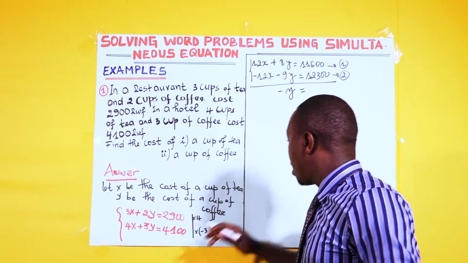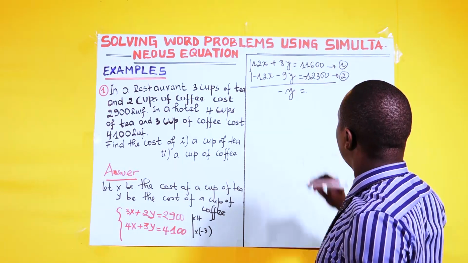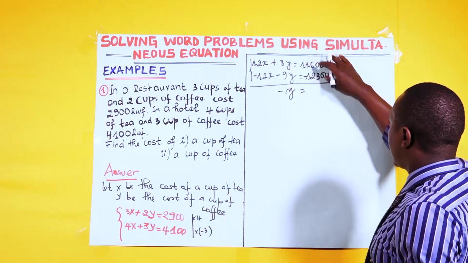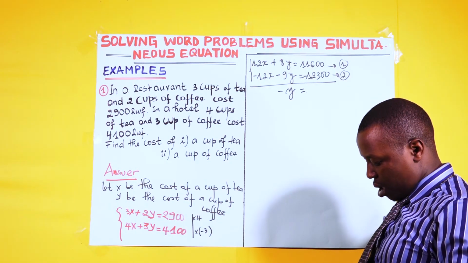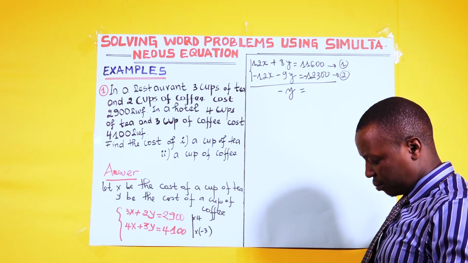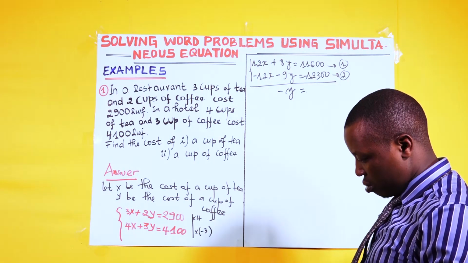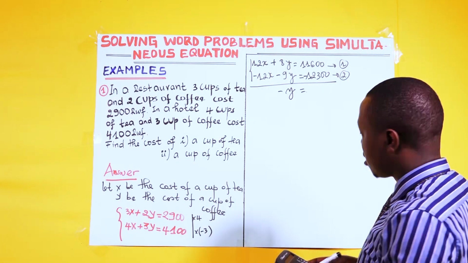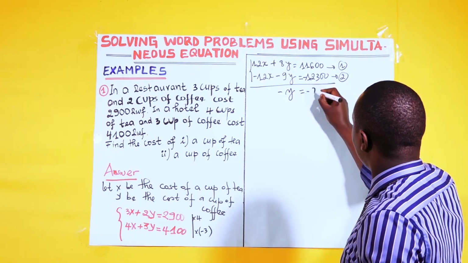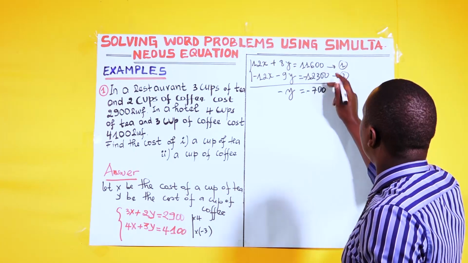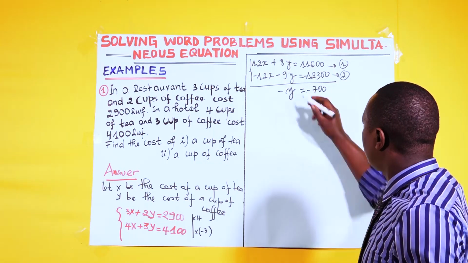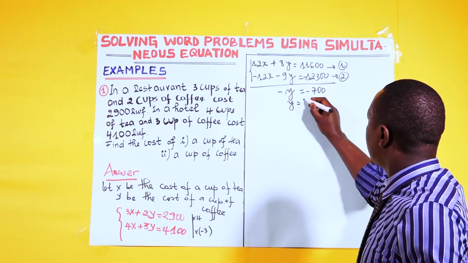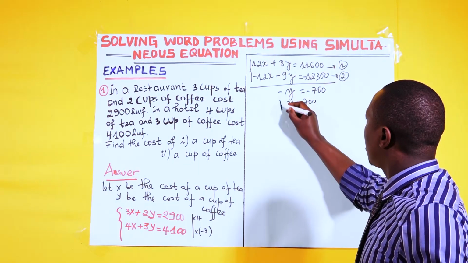So when you add this and that, this will give us negative 700. So the value of y here equals 700.